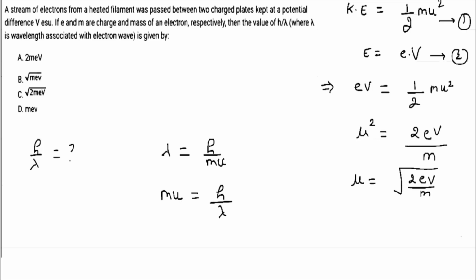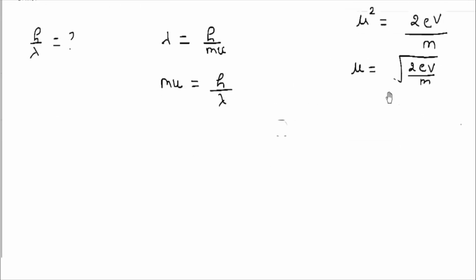We have calculated the value of u, the velocity of the electron. Just put the value of u in this equation.